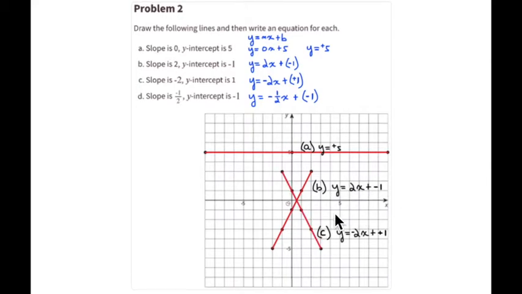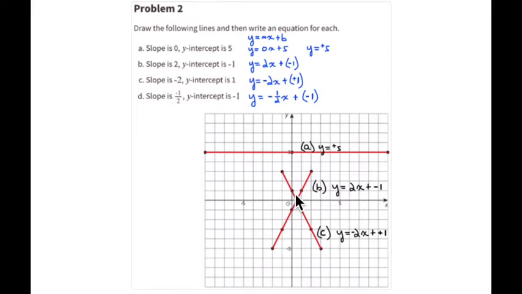The next one, the y-intercept is a positive 1 now, so they're using the inverse of negative 1, and the slope is negative 2, so they're using the inverse of positive 2. So it's the inverse of the slope, and it's the inverse of the y-intercept. So go to positive 1, so y is equal to positive 1, and then use a slope of negative 2. Well, that's a positive 2 over a negative 1.